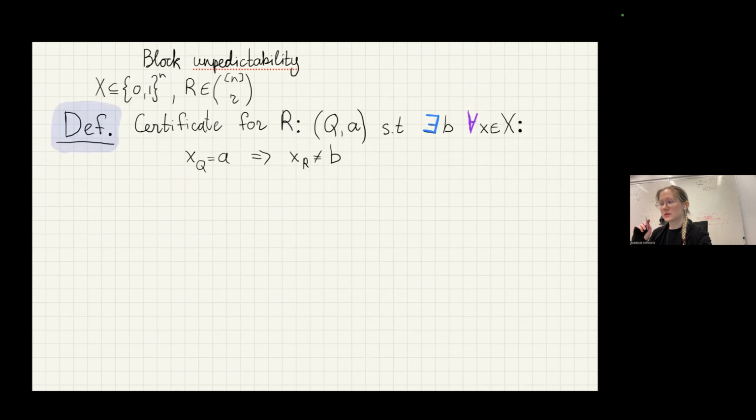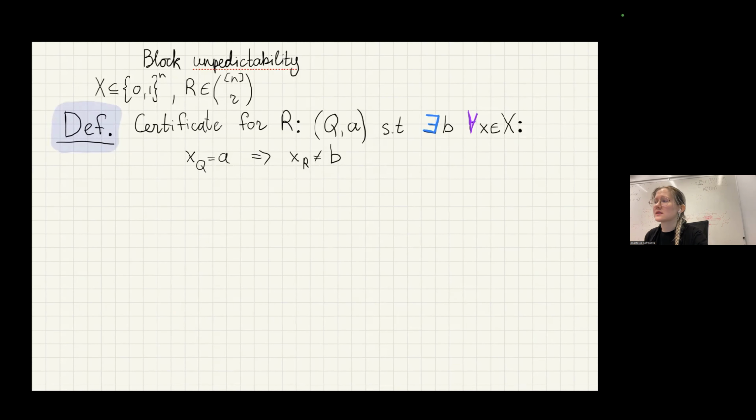Okay, so block unpredictability, what it is. Suppose we have some subset of Boolean strings of length n. I've told you about distributions, and I was discussing unpredictability, but just for simplicity, let's just imagine a set of Boolean strings with uniform distribution on it.